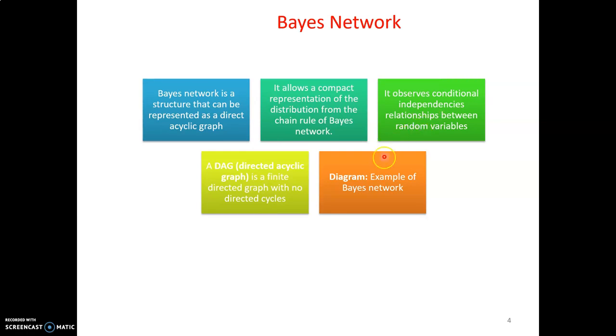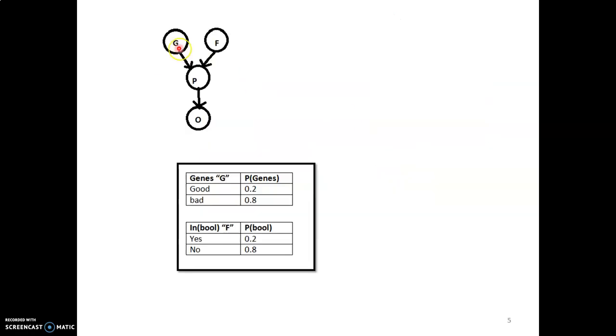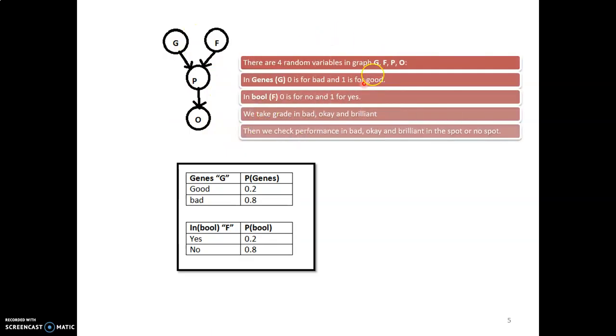Here we see one example of a Bayes network. Here we consider G, F, B, O. These are the random variables. There are 4 random variables in the example diagram. Here G is the genes, where 0 is for bad grade and 1 is for good grade, as well as the full, which is represented by the F variable.